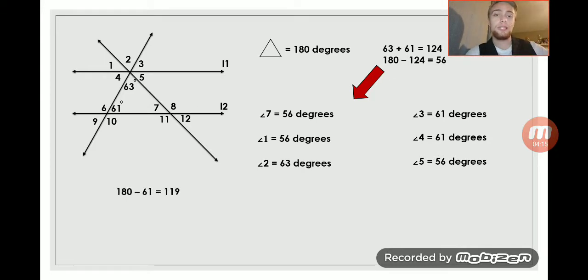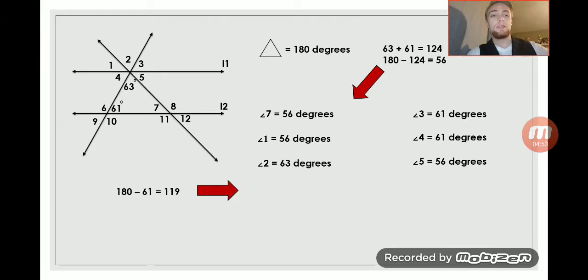Now moving on to angle 6, we actually have to look at it differently, because it's not like the previous angles. Angle 6 is actually a supplementary angle, and what that means is that its sum is 180 degrees. So here we see angle 6 is unnamed, but the 61 degree angle is actually next to it. So we have to actually subtract 61 from 180 because of the fact that its sum is 180. So 180 minus 61 is 119.